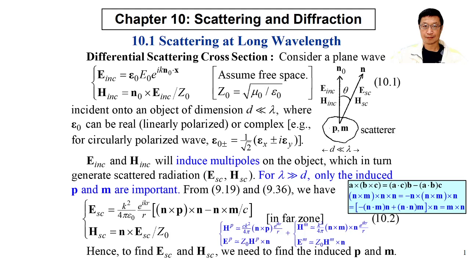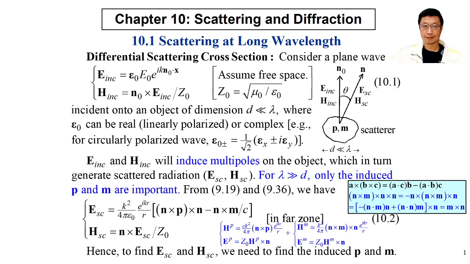And now I will show you how to excite the dipoles. The electric and magnetic dipoles could come from a scatterer, from material, from molecules, from atoms, from many materials.